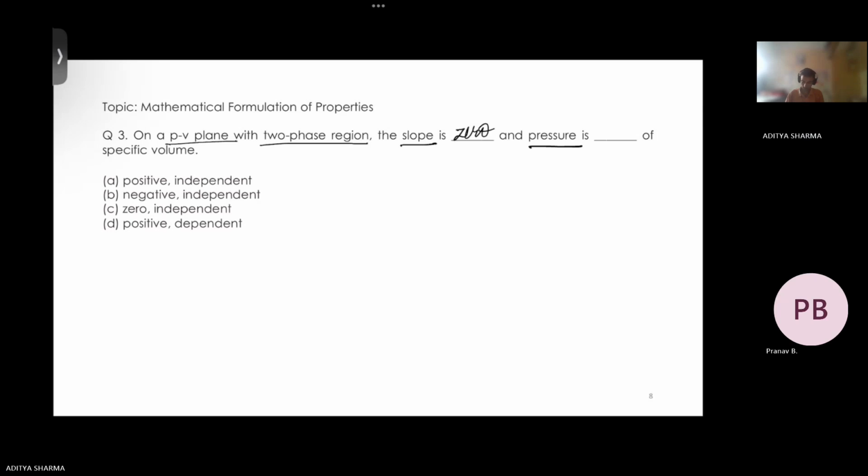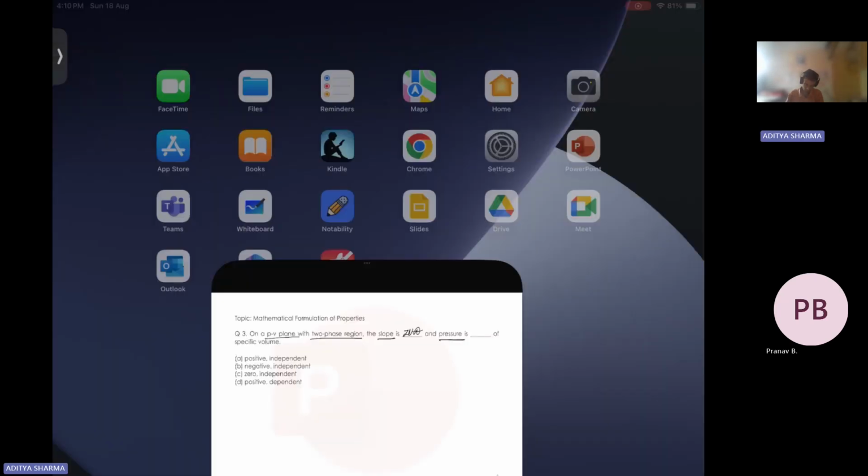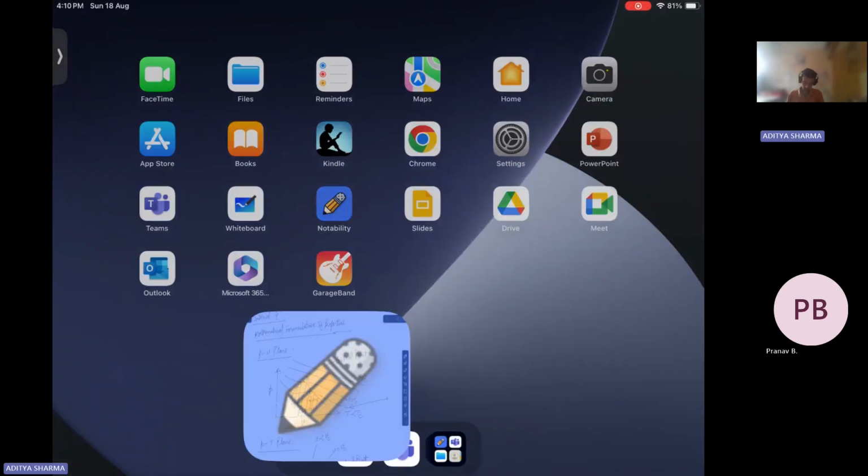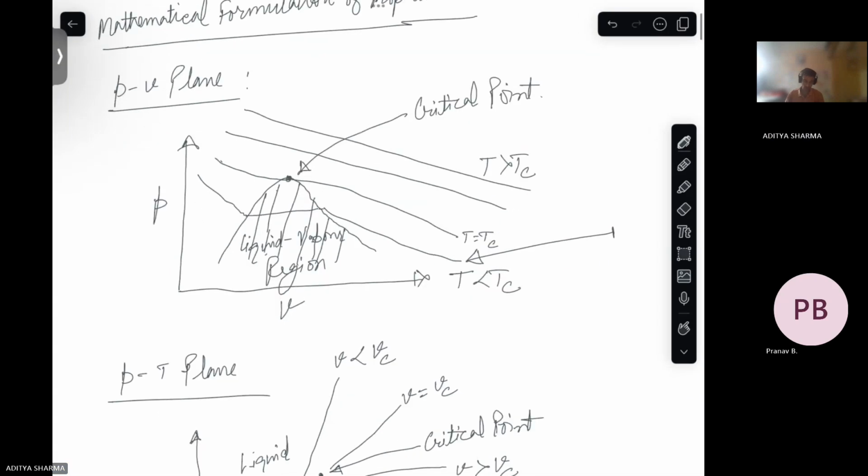So if you see this diagram, here the specific volume, so if we take 2 points A and B, if we move from A to B or B to A, in that case the specific volume will change but then pressure remains same, right?